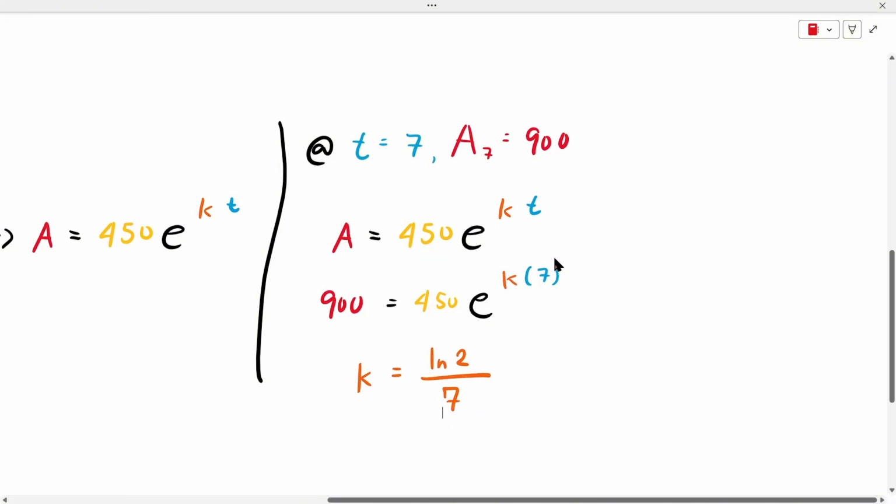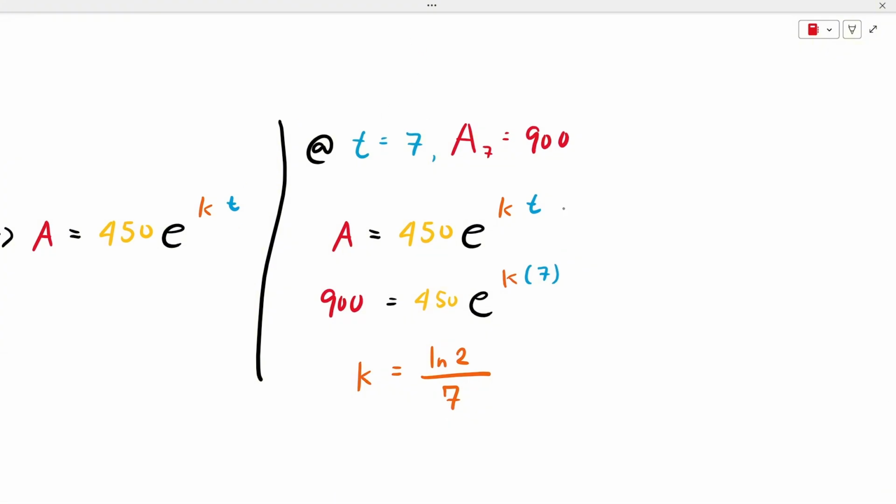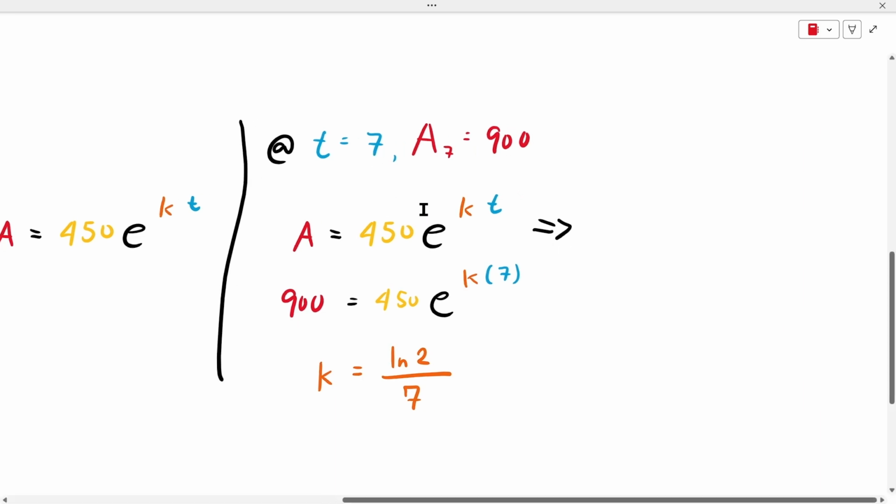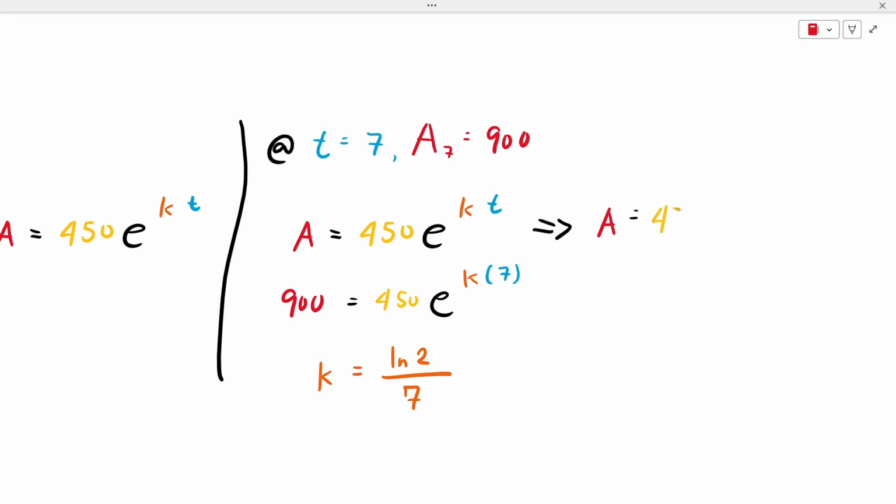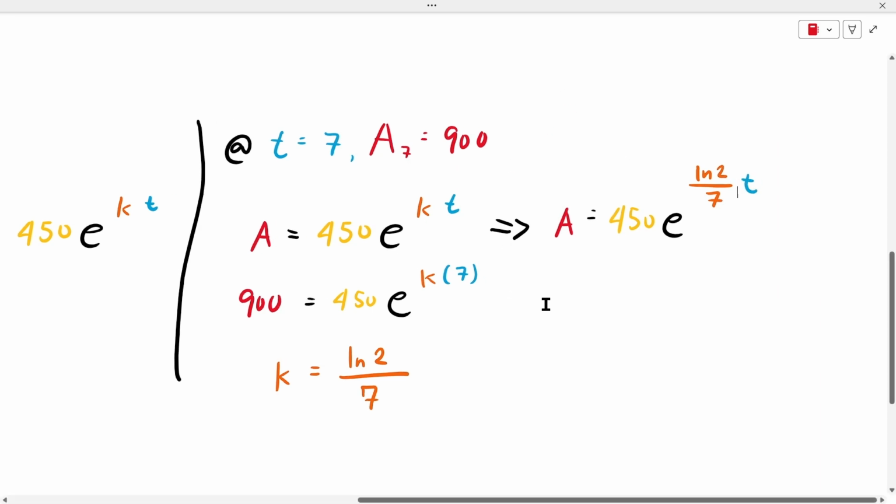And this preceding equation will become A equals 450 e raised to ln 2 over 7 times t. This will be our new formula.